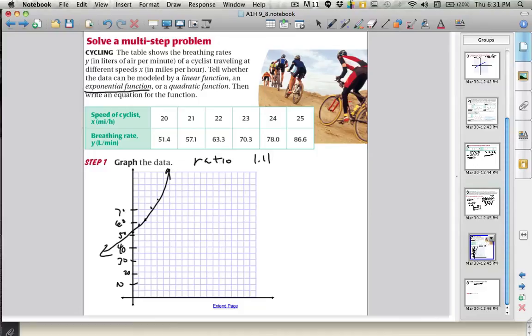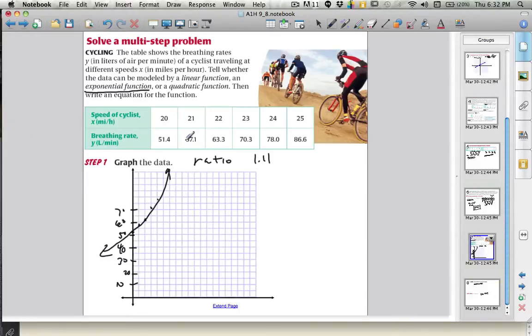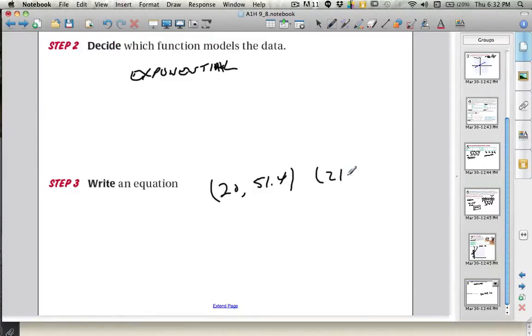then let's go ahead and pull some of the points. So let's do 20 and 51.4. And let's pull 21 and 57.1.